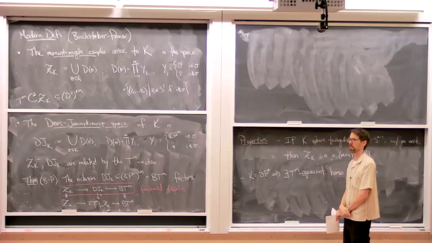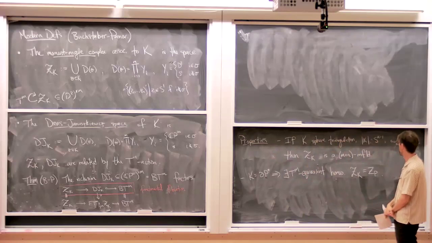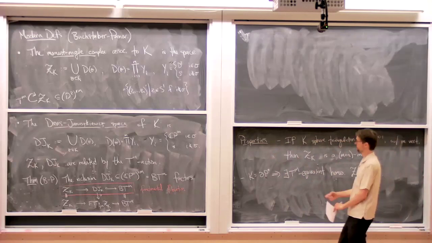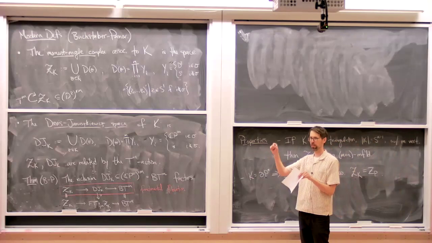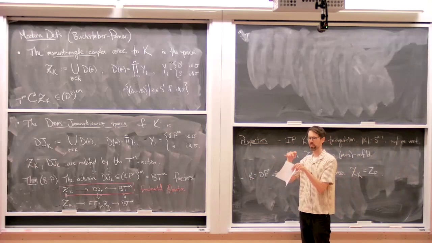So m facets means that its dual has m vertices. You start with the vertices and you make a simplex if they span a face. That's why this is also called the nerve complex, right? Just label your facets 1 through m and call a subset of them a face of K if they're all intersecting.